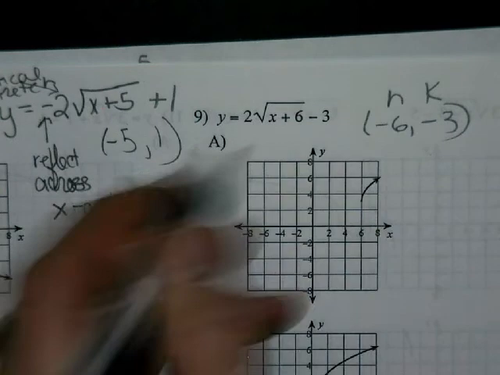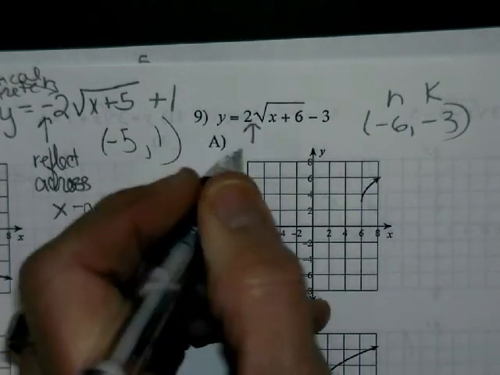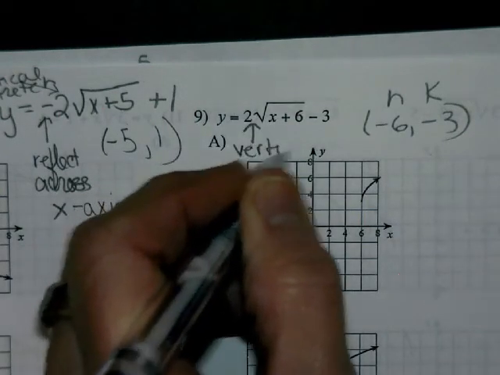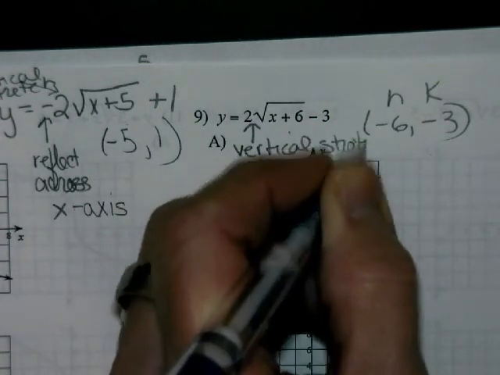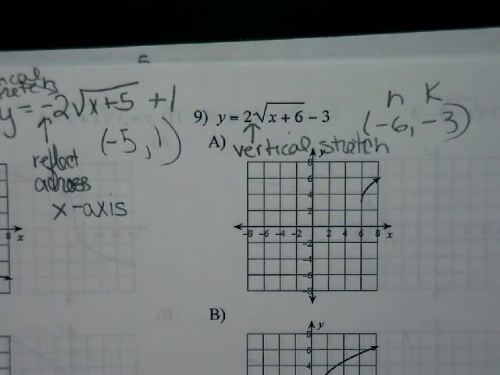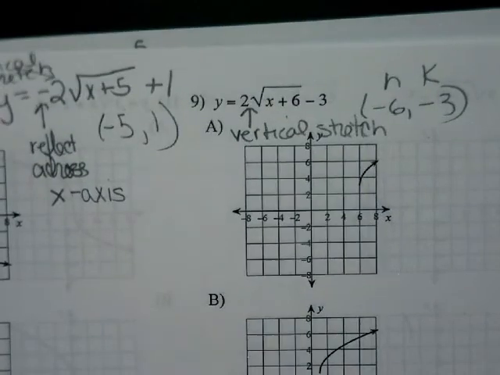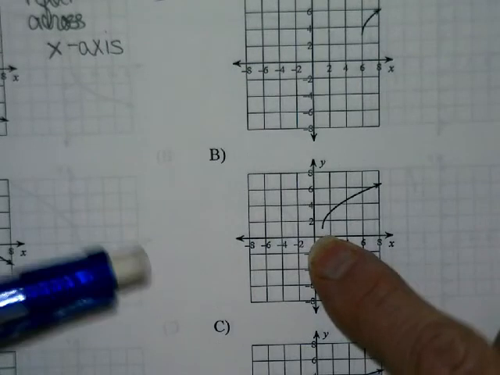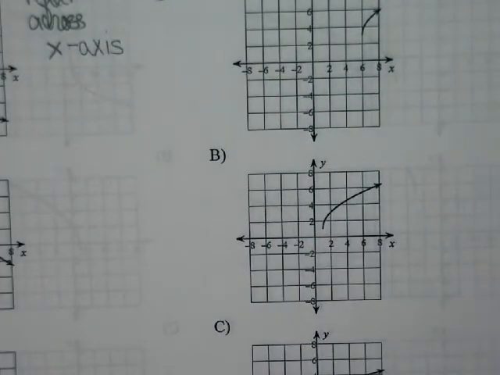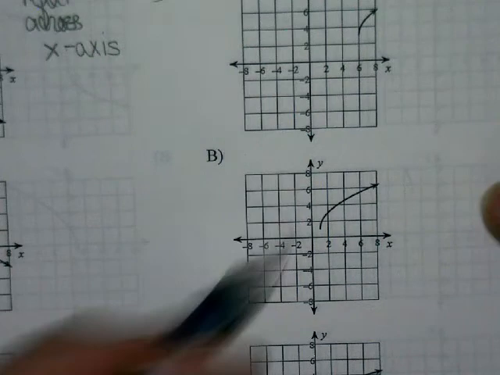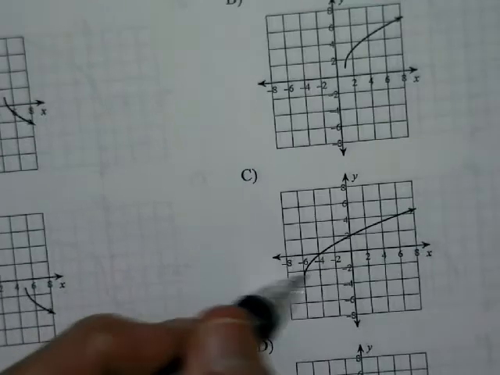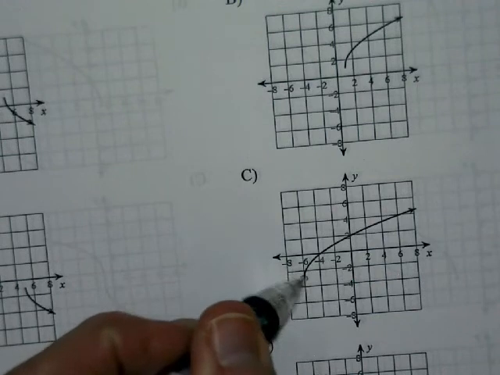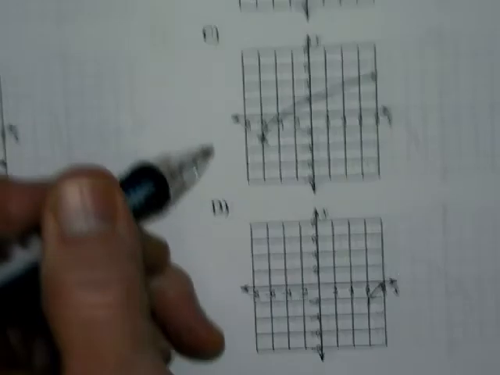Okay, we don't have to rewrite it to see it. Negative 6, negative 3, H and K. There's no reflection, just vertical stretch. You do this enough, guys, you'll be experts. Have you put in your 10,000 hours? That's what it takes. Okay, this is both positives. It's not a 1, 1.